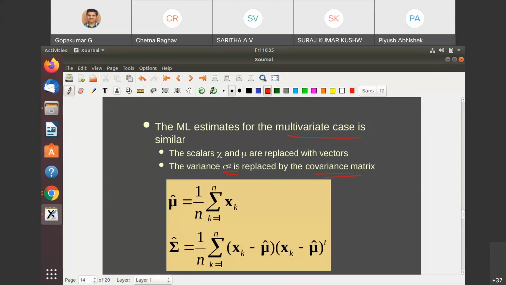So this is going to be the equations we will be obtaining. Maybe the same equation, but replaced with the vectors. So this is a vector and this is the covariance matrix. So we can calculate it. The same equations, in the vector form. So that is the multivariate case.